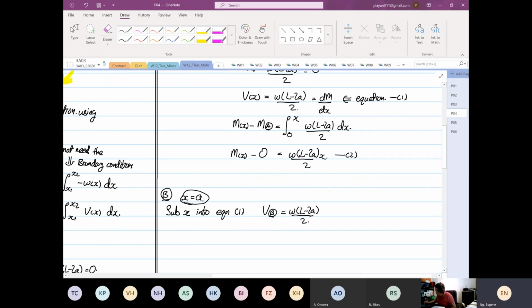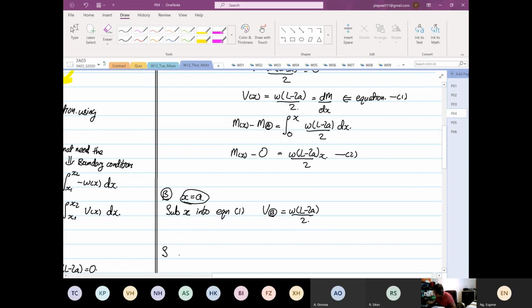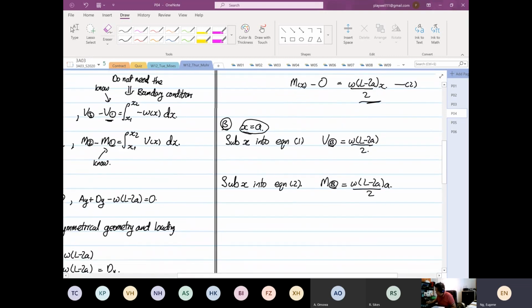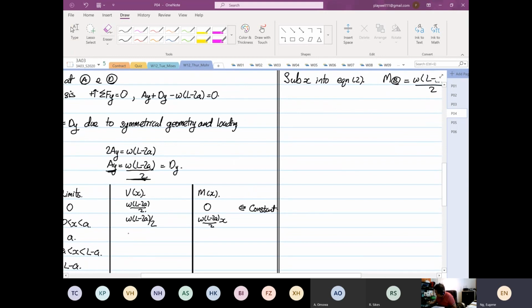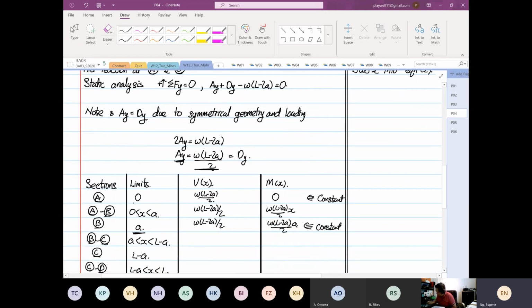For the moment, we substitute x into equation number 2, replacing x with A. So the moment at point B is omega (L minus 2A) divided by 2 multiplied by A. That is our exact value at point B. This is a constant, because your x is not varying. Your x is A, whereas before x was equal to 0.